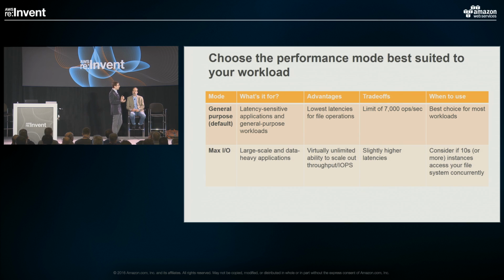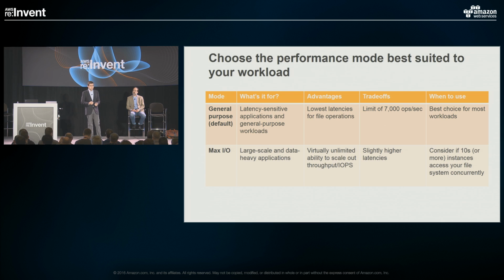Now the trade-off for general purpose mode is that there's a limit in terms of the number of operations per second you can drive when you're in general purpose mode. And that limit is 7,000 operations per second. The other mode is max I/O mode, and it offers a virtually unlimited ability to scale your throughput and IOPS. So you don't have this 7,000 operations per second limit, but the trade-off is it does so with slightly higher latencies per operation.